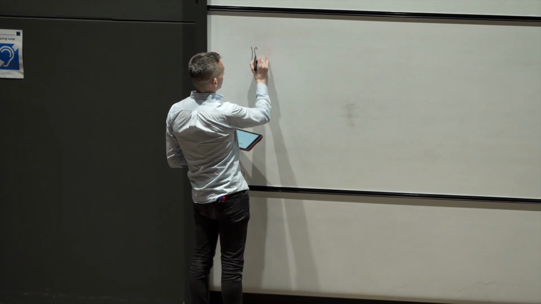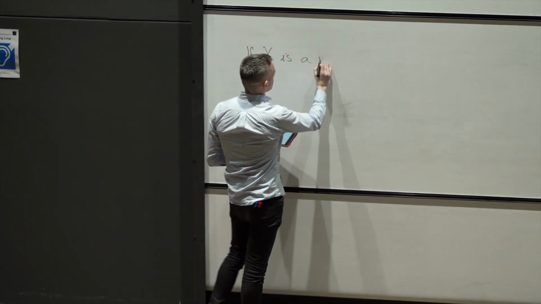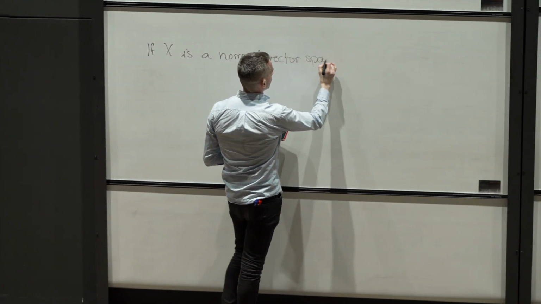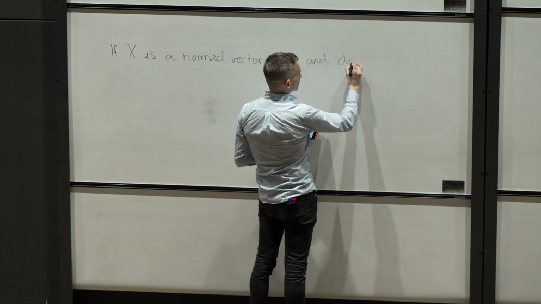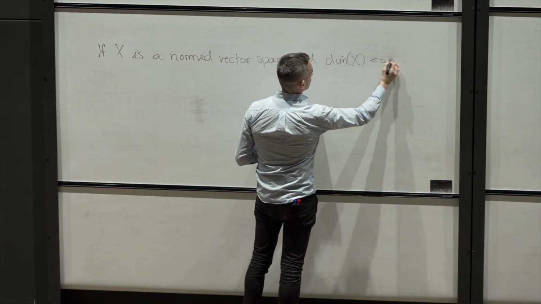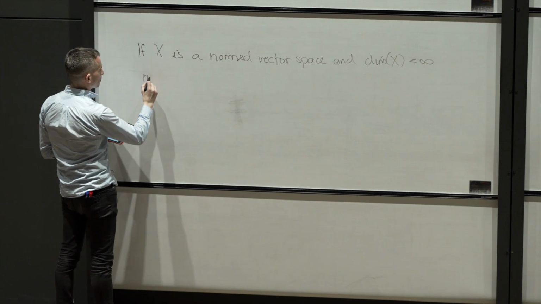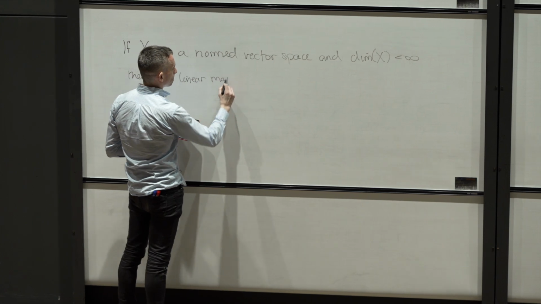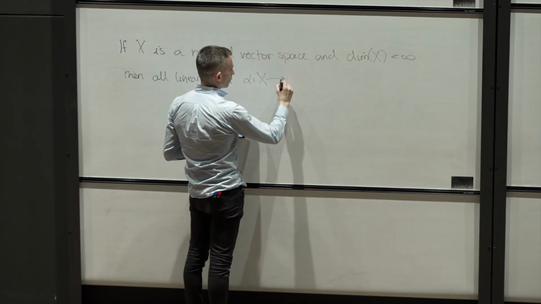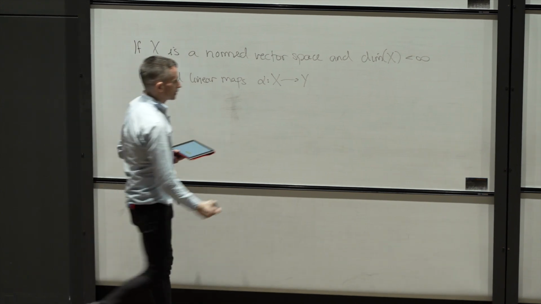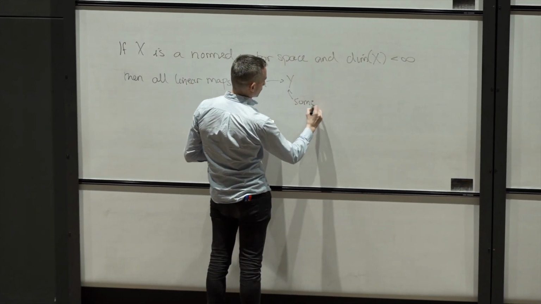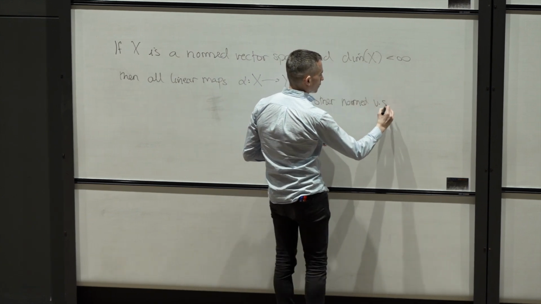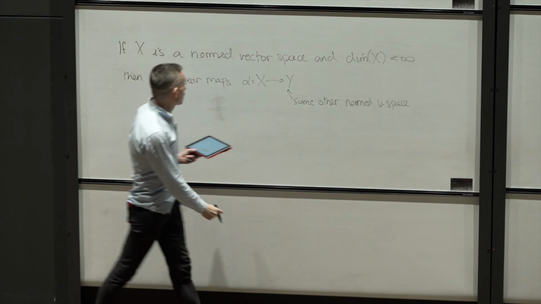So we saw yesterday that if X is a normed vector space, and its dimension is finite, then all linear maps from X to any other normed vector space are continuous.